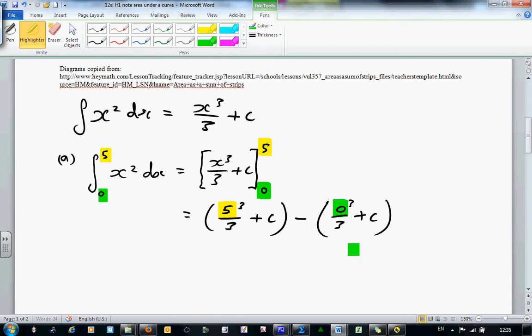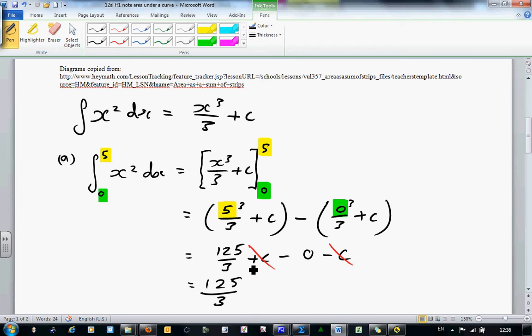So this will give us 125 over 3 plus c minus 0 over 3, which is 0, minus c. Notice plus c minus c disappear, and that's going to happen every time. So the area under the curve y equals x squared between 0 and 5 is 125 over 3 square units. It can be square centimeters, square meters, anything.